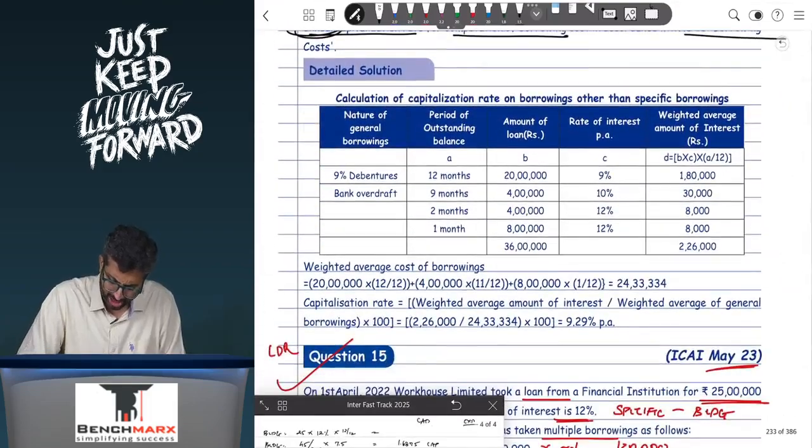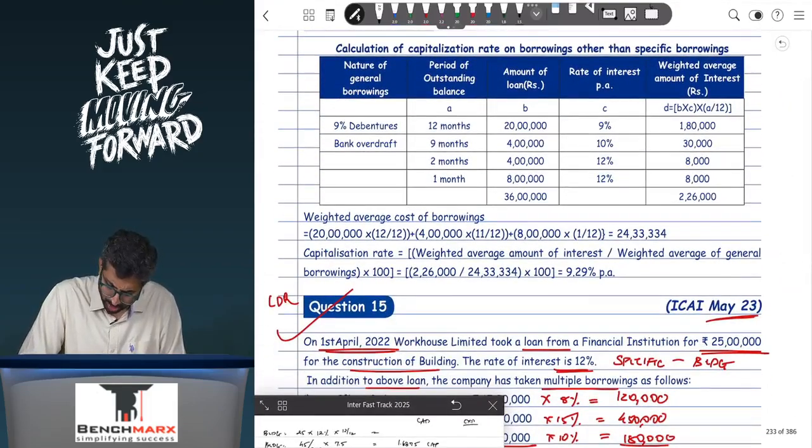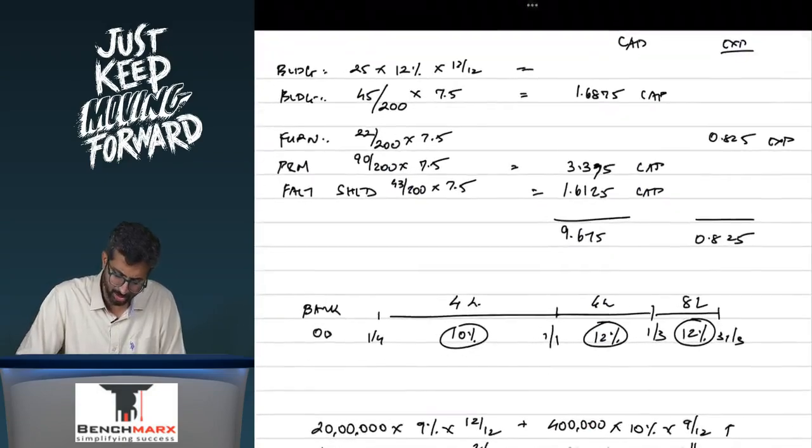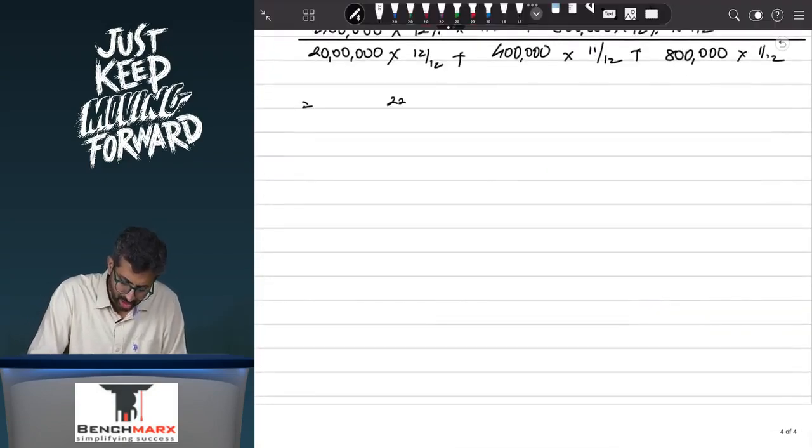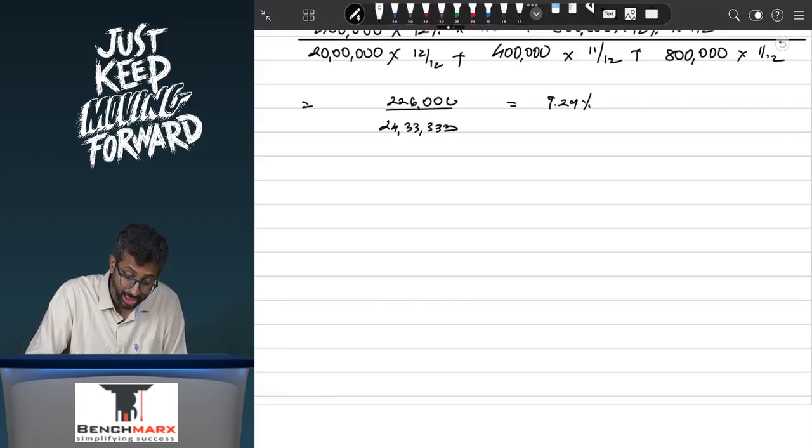If you sit and calculate this, the number in the numerator probably will come to 2,26,000, and in the denominator 24,33,334. So it will be 2,26,000 divided by 24,33,333. And if you calculate, this is around 9.29% per annum.